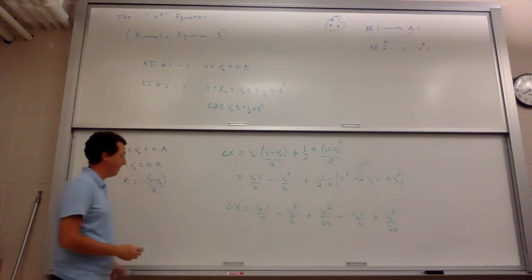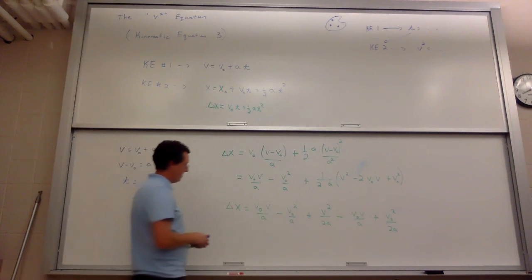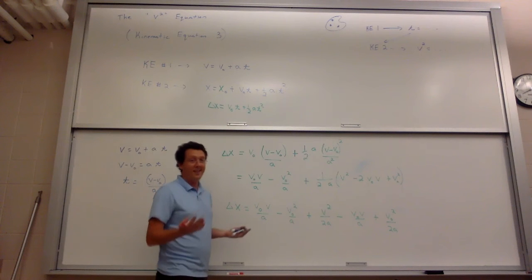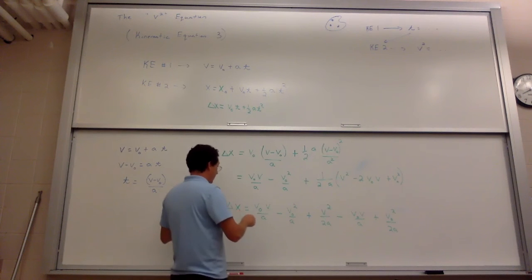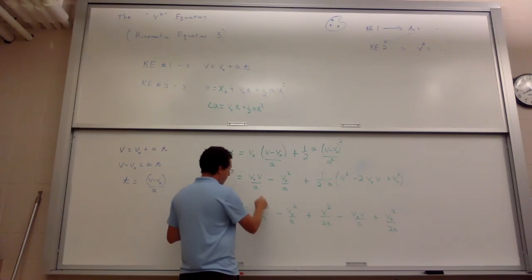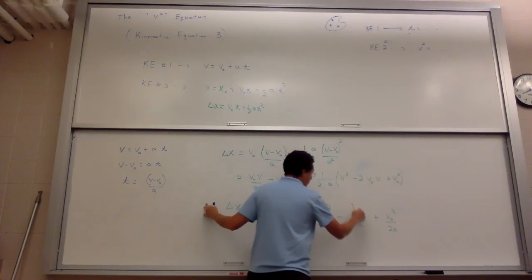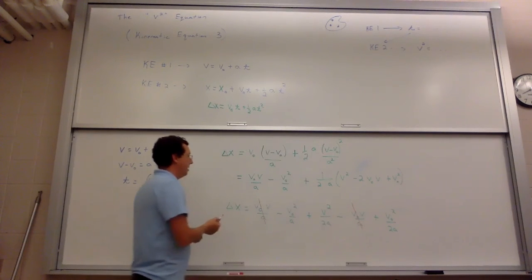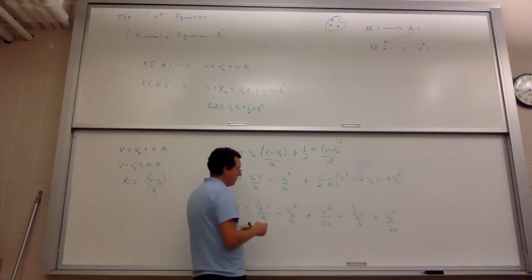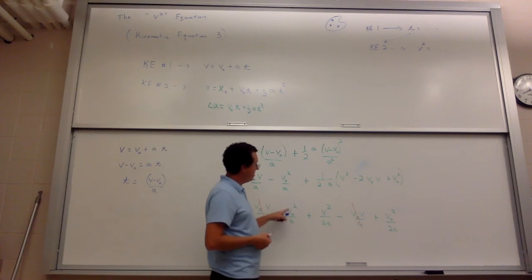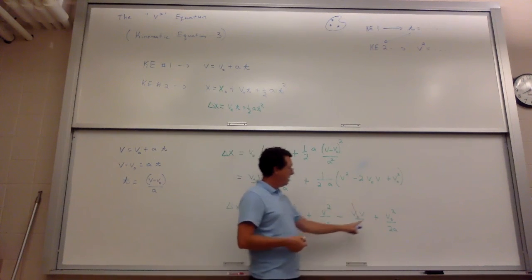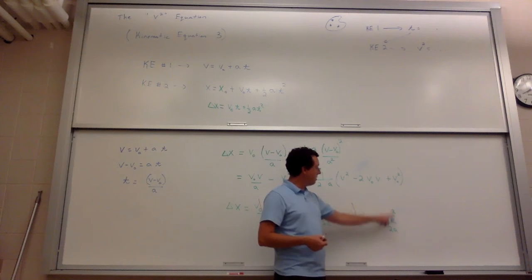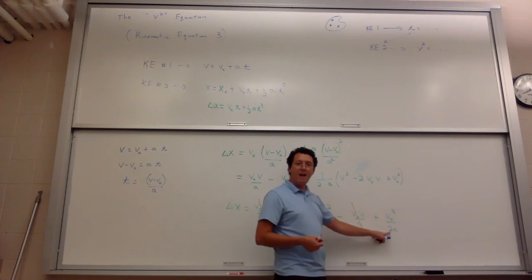I'm almost there. There's a cancellation. That's kind of part of the cookie. I'd say it was a really good cookie, but that's what we get. So this term cancels against this term. And furthermore, if you think about it, this is V0 squared over A with a negative sign plus V0 squared over A, and there's a half.